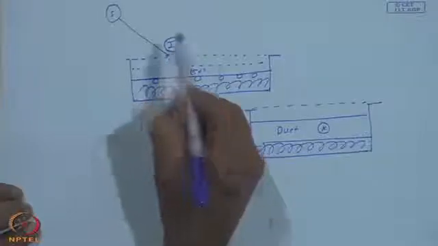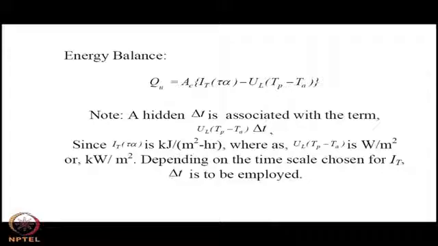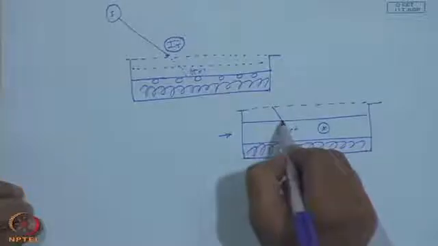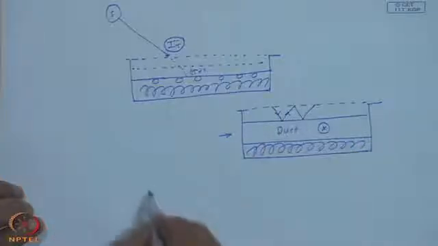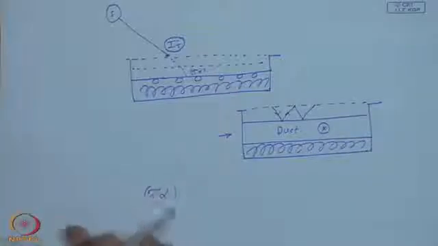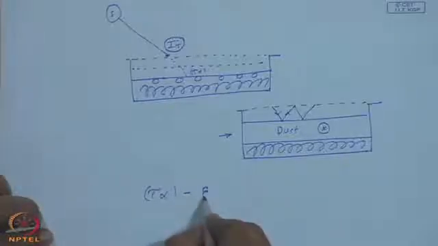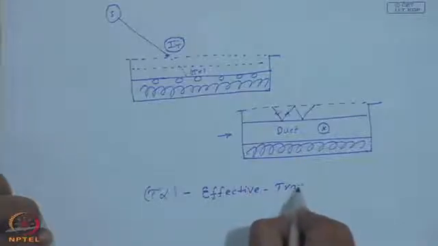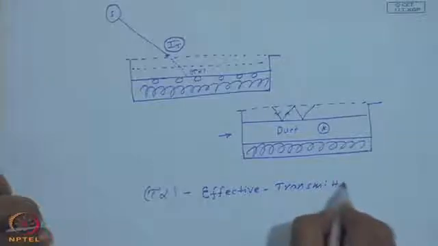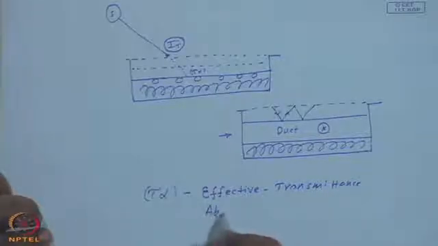This is only to understand that the incoming radiation I t, for which we have made elaborate calculations, will be transmitted through the glass covers and will be absorbed, and there will be several multiple reflections between the glass cover and the absorber plate, making that (tau alpha) within brackets, which I shall call the effective transmittance absorptance product.